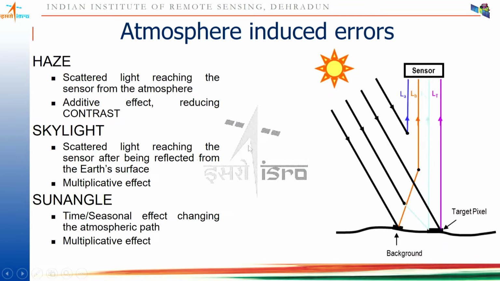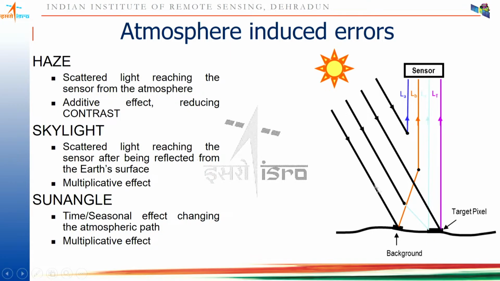Another simplified diagram: we expect that when the sun illuminates this particular pixel, which is my target pixel, its reflectance reaches the sensor and we record it. This was the ideal situation, but in addition, light is scattered here and that also reaches the sensor.